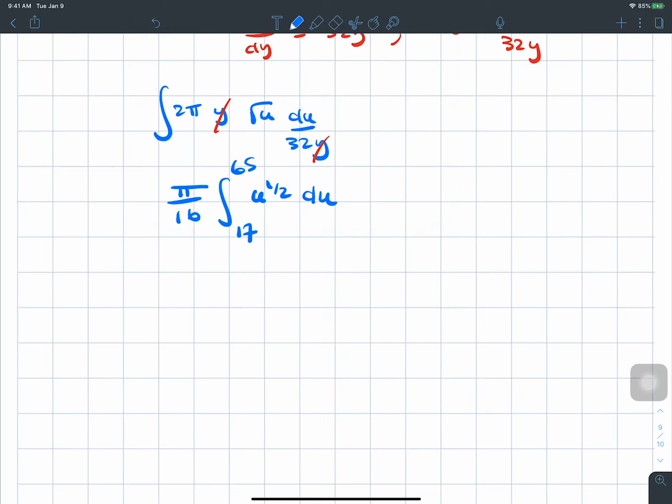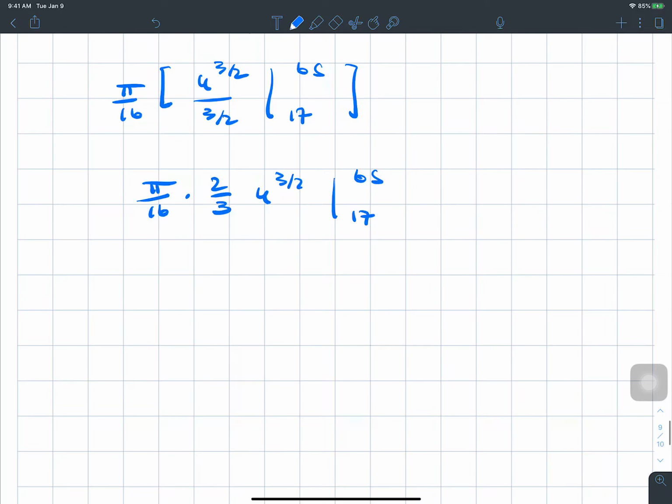And we actually simplified here, so you guys know 2 and that 32. So you end up with pi over 16 now. U to the 3/2 over 3/2 from 17 to 65. And this is pi over 16 times 2/3, u to the 3/2, from 17 to 65. This gives you pi over 24.